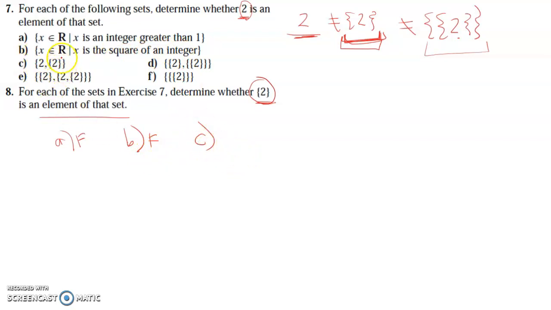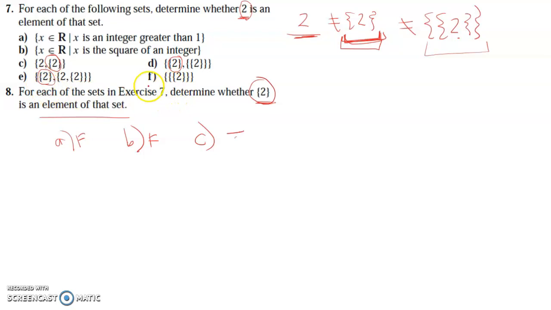C, it does contain the set of 2. So this is true. Likewise, D is also going to be true, because it also contains this one. And E is going to be true because it contains the 2, the box of 2.